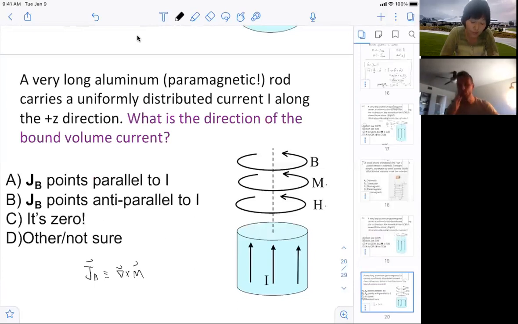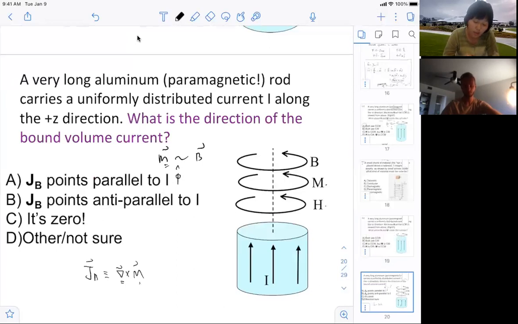Knowing that M is proportional to H, and also H is proportional to B, we know M is proportional to B. To do the curl, you need to look at how to do the curl in cylindrical coordinates. You probably need to look at the flyleaf of your textbook showing you how to do the curl. And M is in the phi hat direction, as you can see, right? So you're probably going to plug in the M phi component only, without MZ or MS.